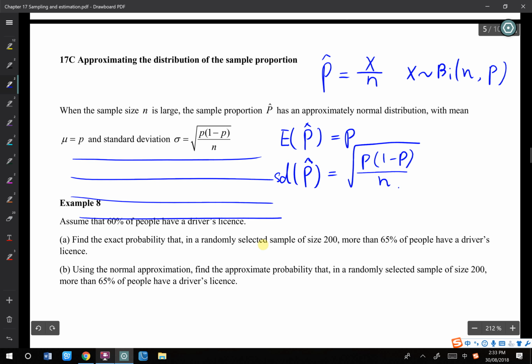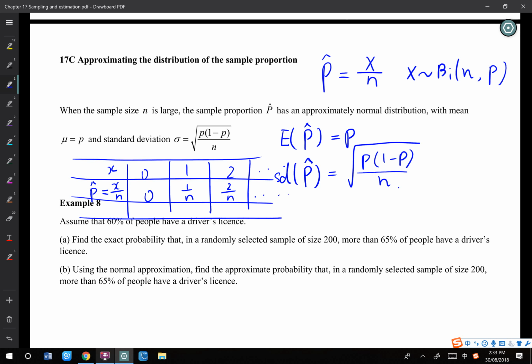So we have 3 rows. The first row is the x value, the number of successes, which can be 0, 1, 2, and so on. The next row is the p hat value, which is x over n: 0, 1 over n, 2 over n, 3 over n, and so on. That's the sample proportion. And I can have the probability that p hat equals lowercase p hat.